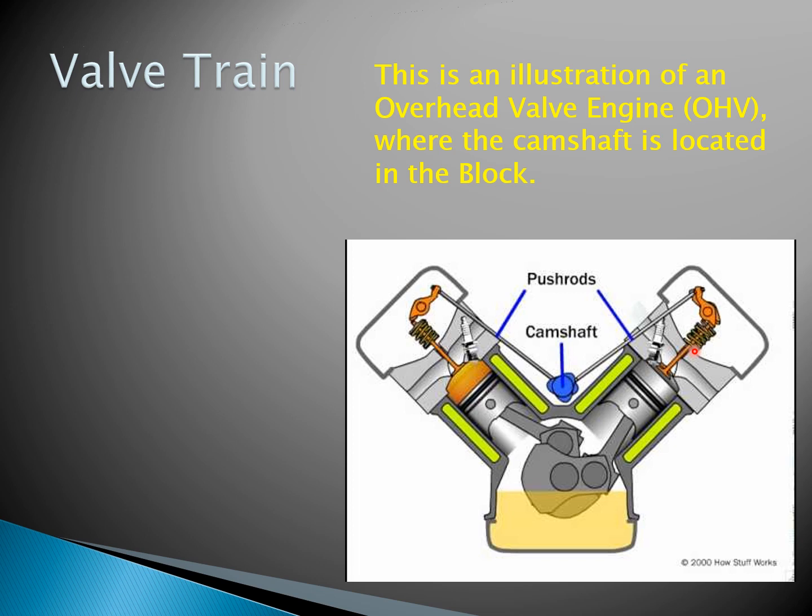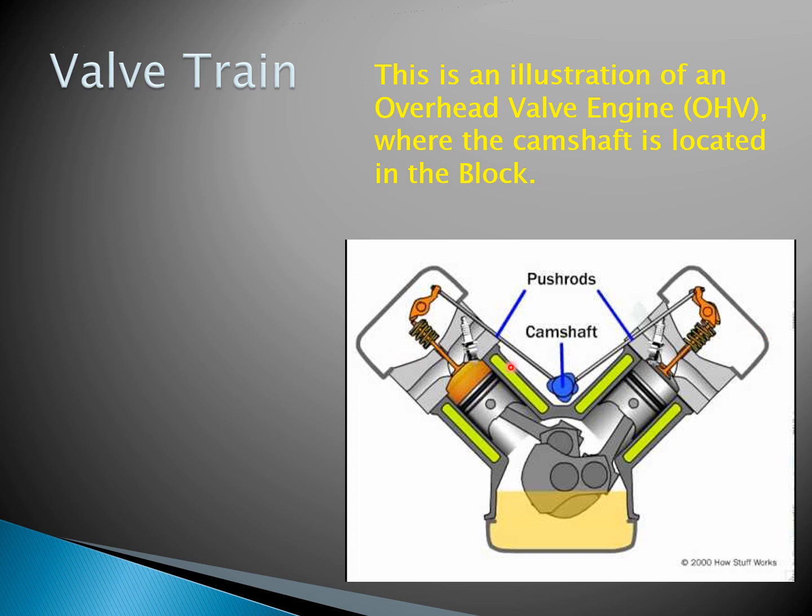The difference between overhead valve and overhead cam is where the camshaft is located. In an overhead valve system, as we see here, the camshaft is located down in the block. With overhead cam, and we'll have an illustration of that in a bit, the camshafts would be higher up top.